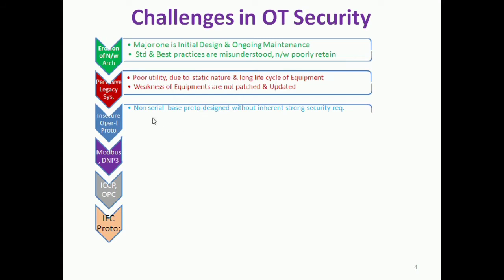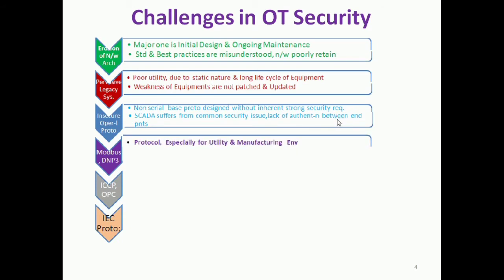Next, insecure operational protocols. Some protocols are non-serial based, designed without inherent strong security requirements. For example, SCADA suffers from common security issues, such as lack of authentication between endpoints. That is one insecure operational protocol.